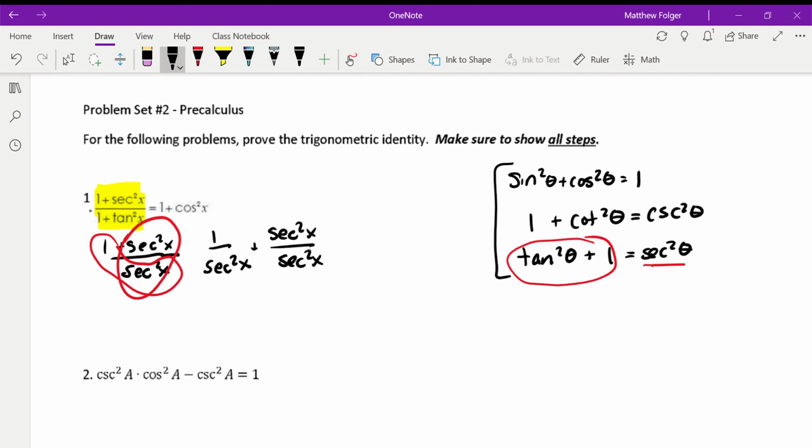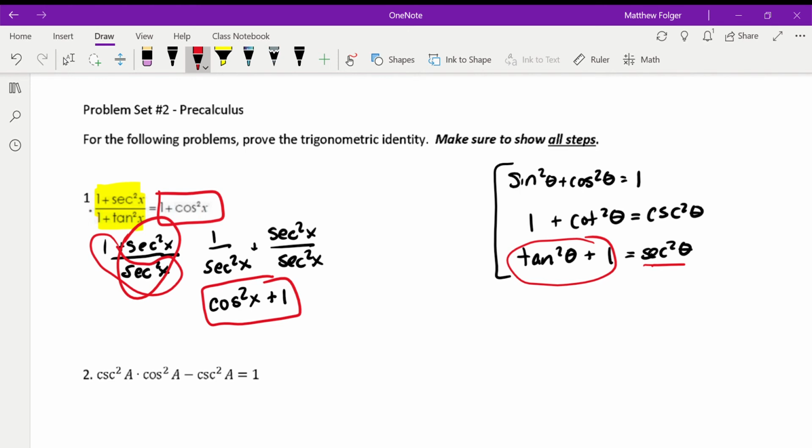Well, 1 over secant squared x is cosine squared x, right? That's the reciprocal identity, plus 1. And if you notice at this point, those are the same. If you turned everything into sine and cos, and then made a common denominator, you could cancel it. You would get the same solution that way as well.